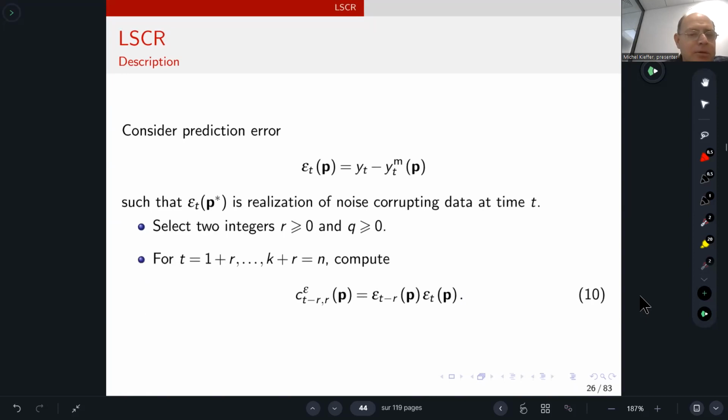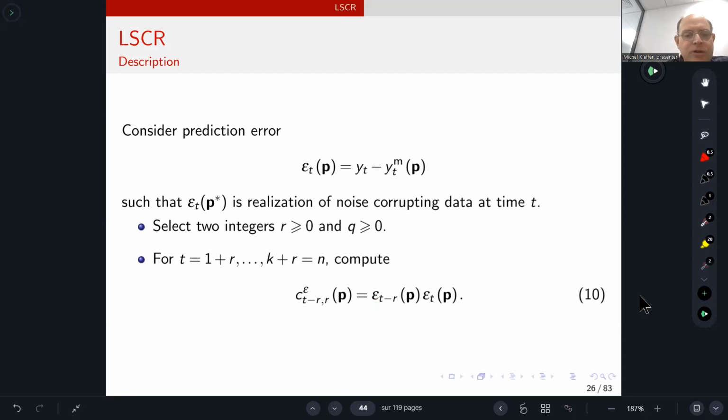For t ranging from 1 plus r to k plus r, which is equal to the number of measurements, we can evaluate this term, which will enter in the evaluation of the correlation with a lag r. Usually we consider a sum over several values of t in order to evaluate the correlation coefficient. We perform a mean.